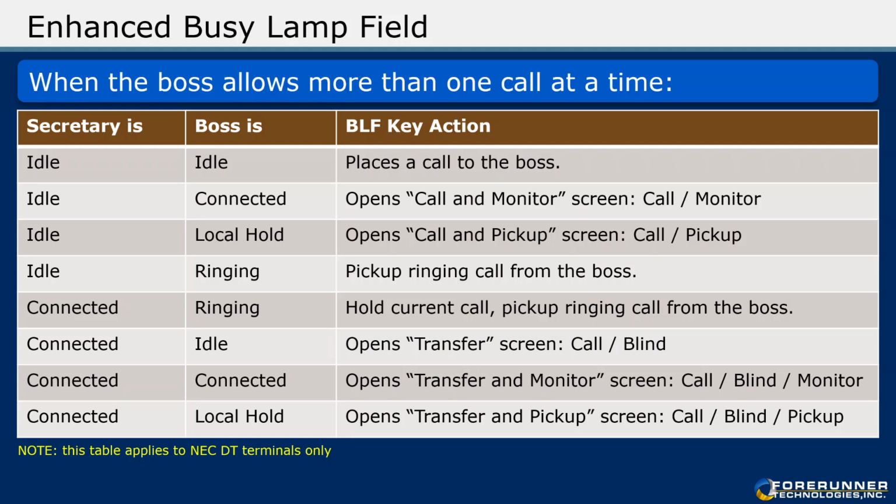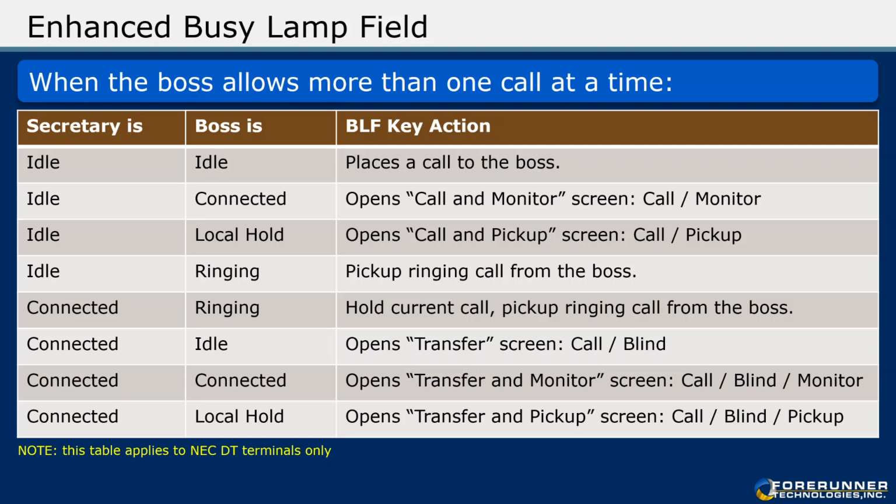If the secretary is on a call and the boss is idle, we'll open a transfer screen with the options to call the boss or to blind transfer to the boss. And if both are connected, there is another option added so the secretary can monitor the boss.